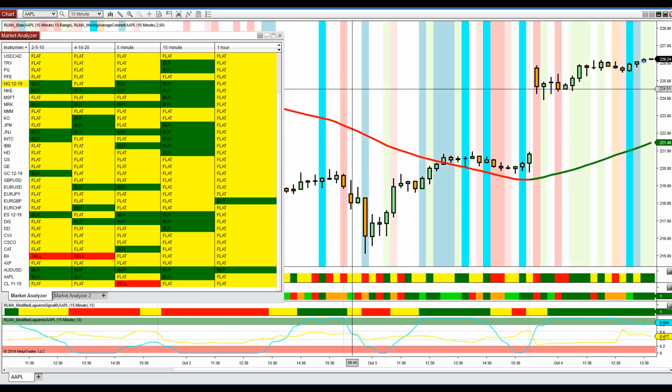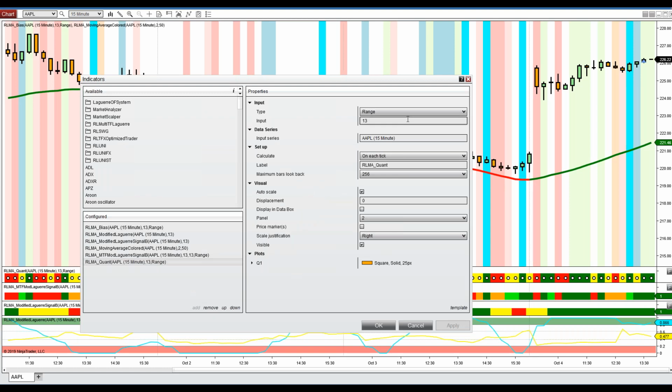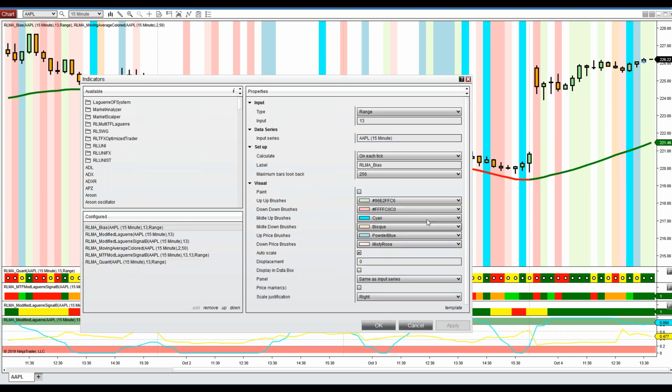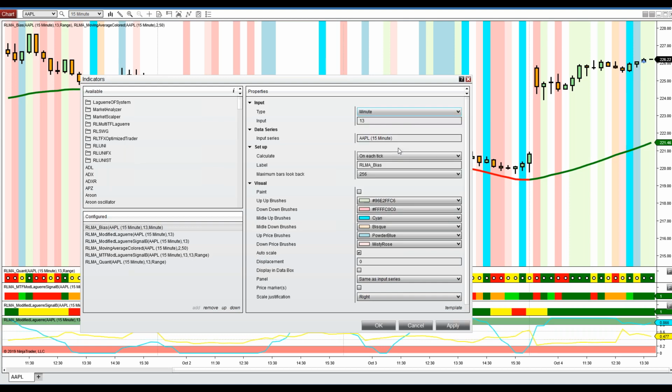Now, one thing that we're going to do when we go through the tutorial, if you come aboard, I don't want to do this during the webinar, is you're going to create templates, so you only have to do this once. And if you're trading a 15-minute, you're going to have to create, this is the input here. Oh, I'm sorry, the input here is 15. And I'm sorry, it's 45 minutes.